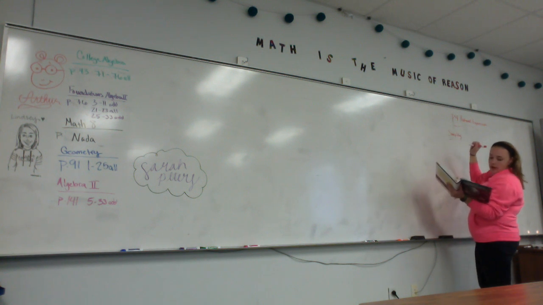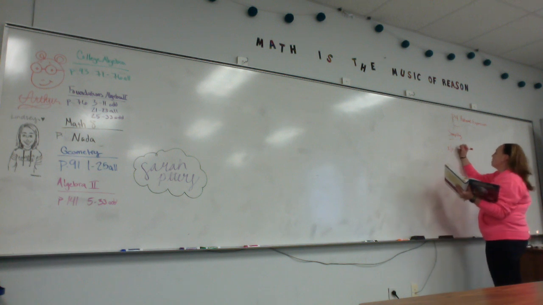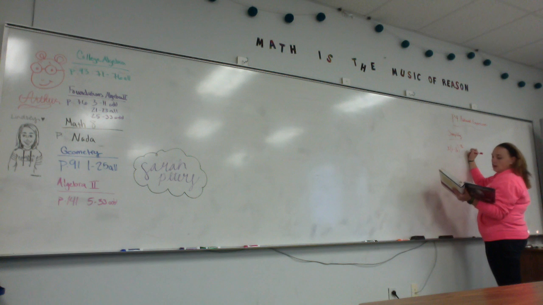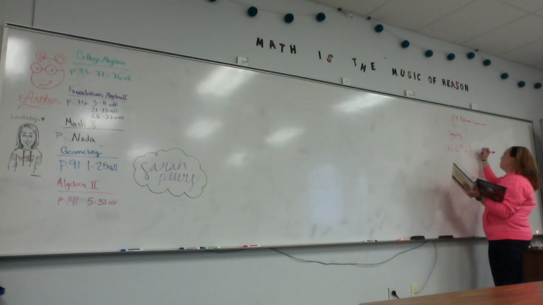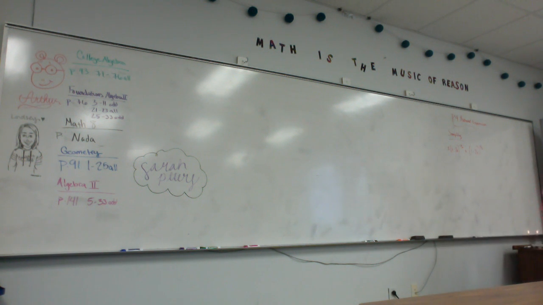Let's say you have x times (1 minus 2x) to the negative 3/2, and then I'm going to add to it (1 minus 2x) to the negative 1/2. Can I combine those terms?